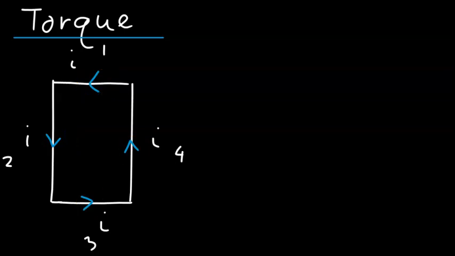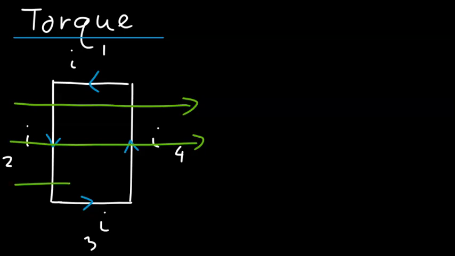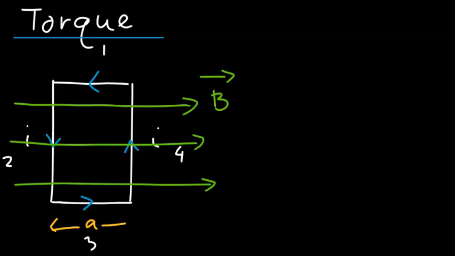Now let's assume the entire loop is placed in a region where the magnetic field is going to the right, as represented by these green arrows. Let's also assume that the dimensions of this rectangular loop are as such. So this length is A, and that length is B.